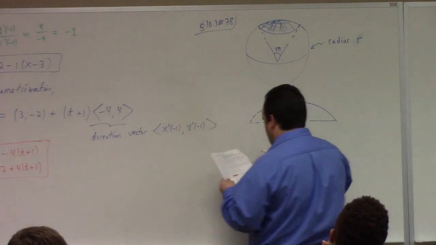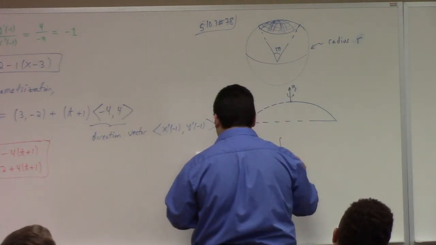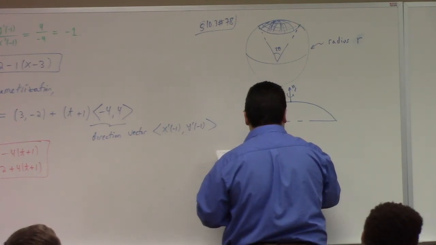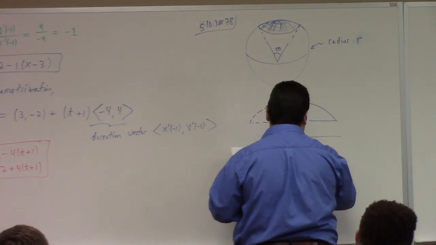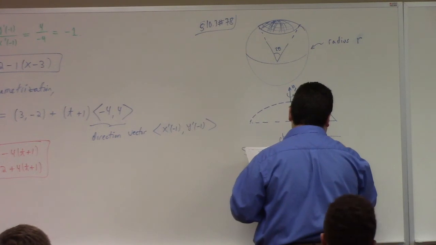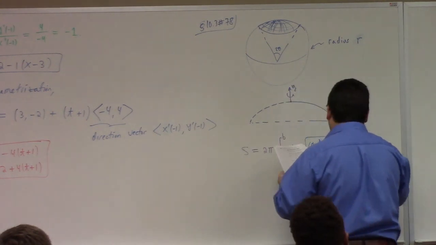And so the surface area is 2 pi, the integral, from a to b as appropriate, g of t, square root of (dx/dt) squared plus (dy/dt) squared, dt.